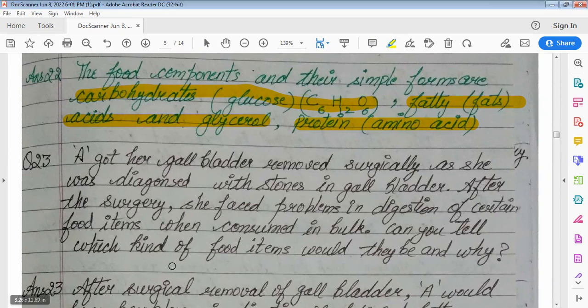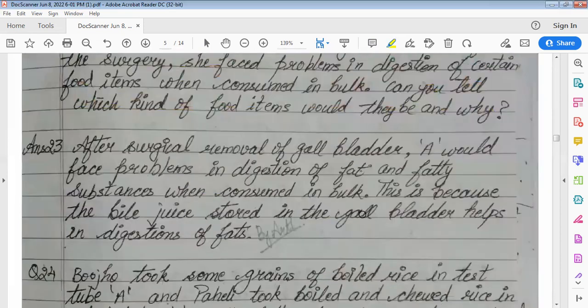Can you tell which kind of food item would they be and why? After surgical removal of the gallbladder, A would face problems in digestion of fat and fatty substances when consumed in bulk. This is because the bile juice stored in the gallbladder helps in digestion of fat.